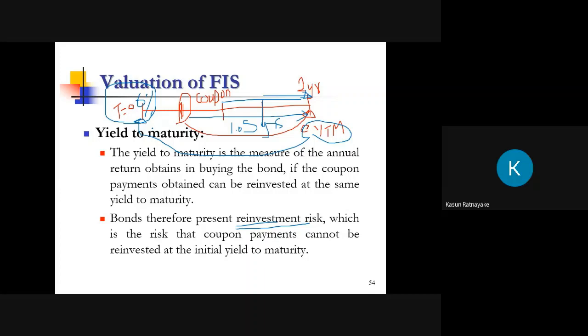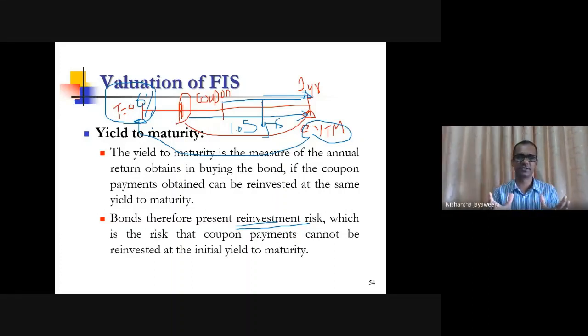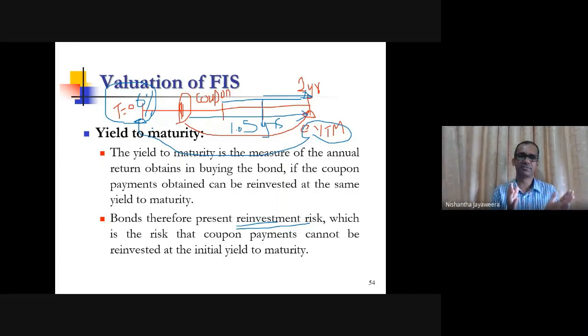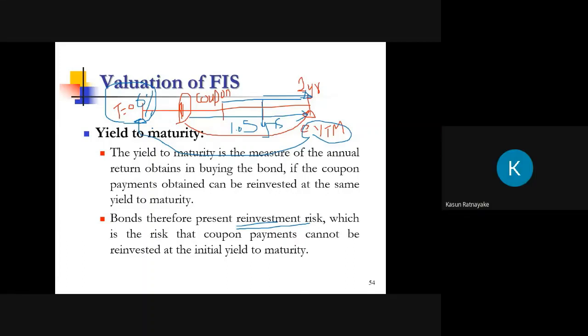Whatever cash flows you receive, you should be able to invest at the same rate until everything matures. But in a portfolio, the scenario is much more difficult because there can be bonds maturing at different maturities. Okay, thank you, sir. Is it clear?